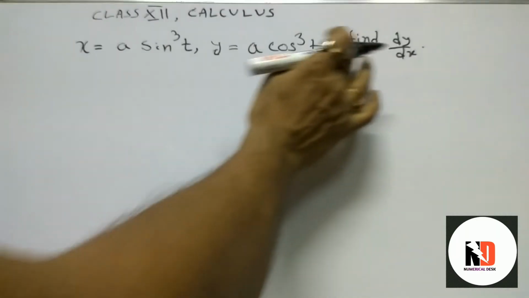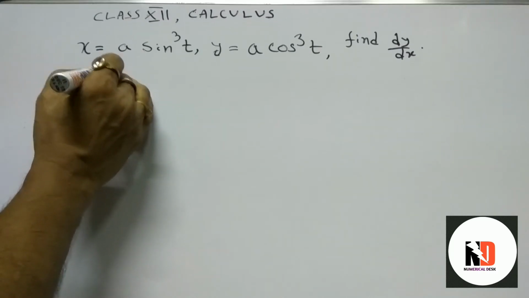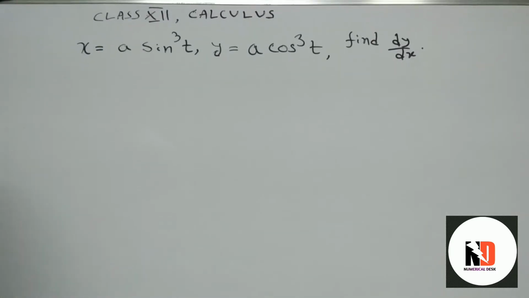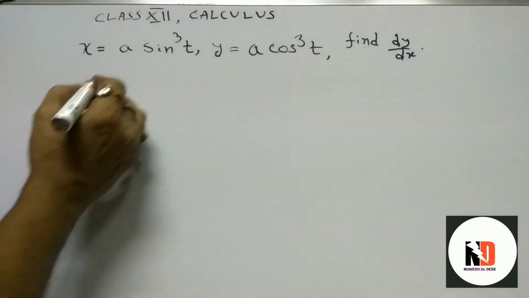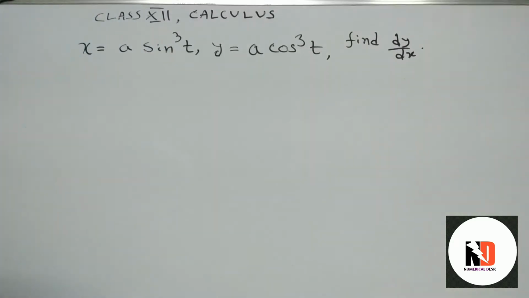This is a parametric equation, but in each case none of the equations is in the standard form. Sin cube t and cos cube t is not in the standard form, so we cannot solve it directly. In order to solve it we must substitute something so that it converts into the standard form, and then applying the chain rule we continue.